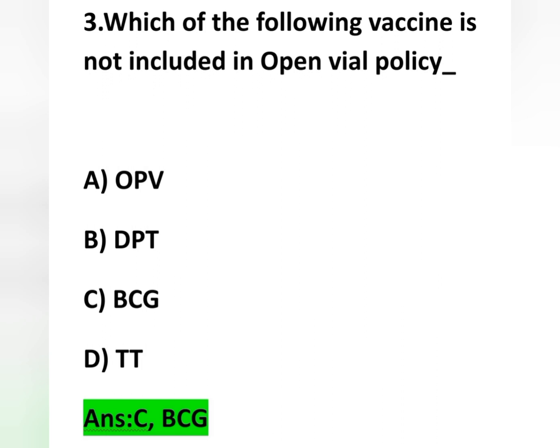This open vial policy started in 1997. The year is important, 1997. The vaccines included in the open vial policy are TT, DPT, pentavalent vaccine, OPV and IPV. BCG is not included in the open vial policy.